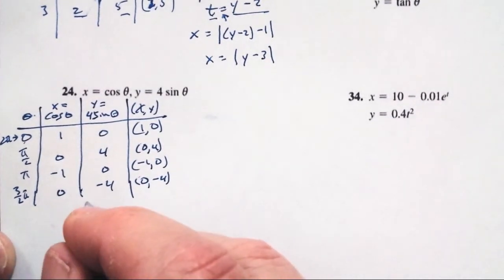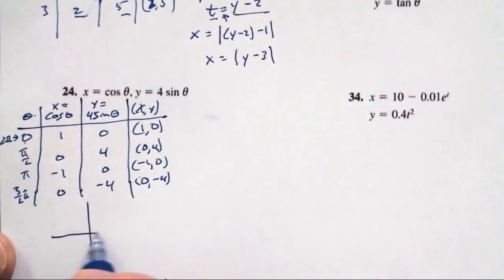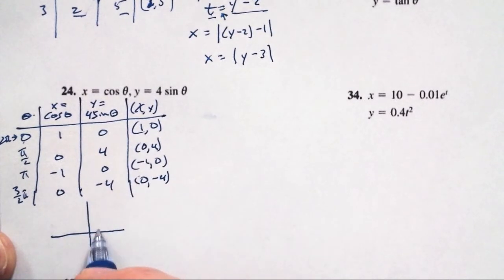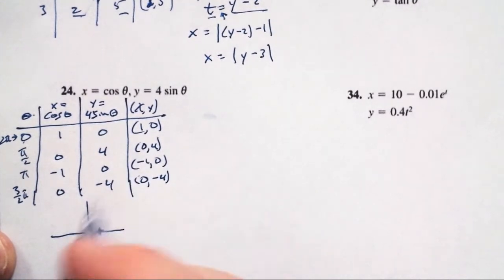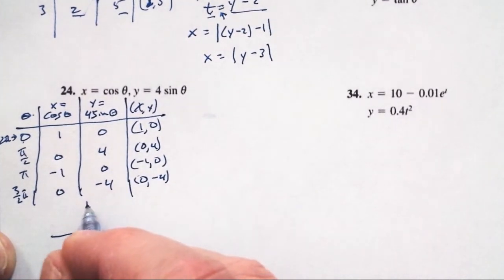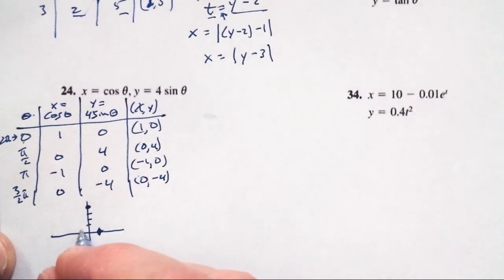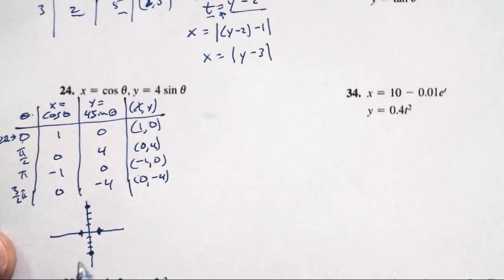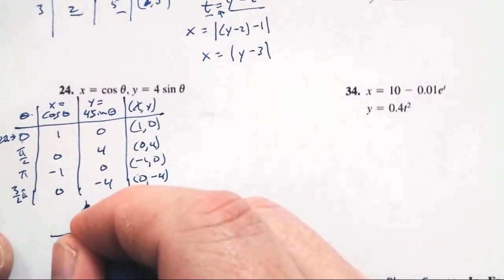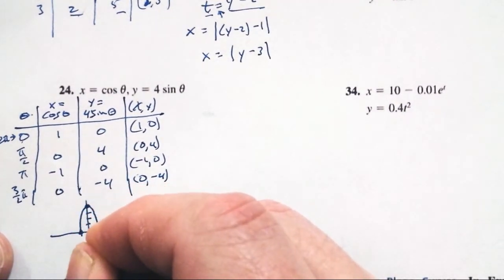So let's sketch that. I'm at 1, 0. I'm at 0, 4. I'm at negative 1, 0. I'm at 0, negative 4. And I think our instincts are probably right if we assume maybe that is an ellipse.